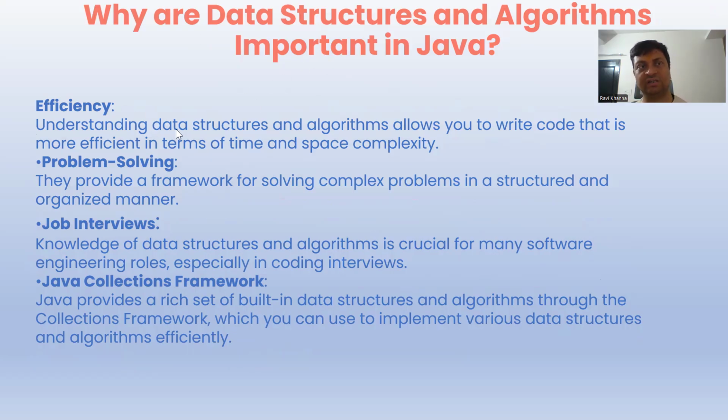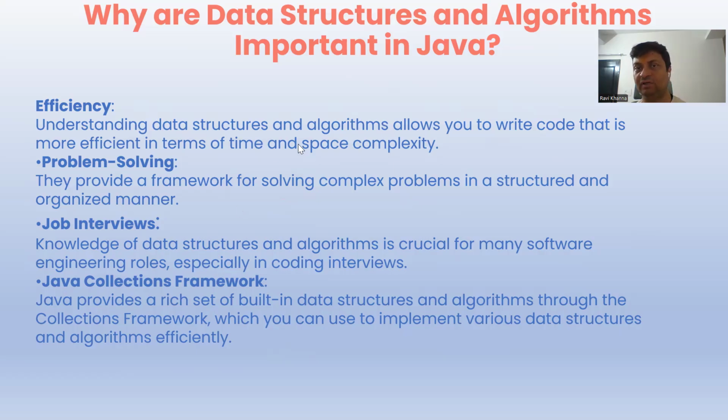Efficiency: understanding data structures and algorithms allows you to write code that is more efficient in terms of time and space complexity. So you take into consideration time and memory when you go for efficient algorithms or data structures.